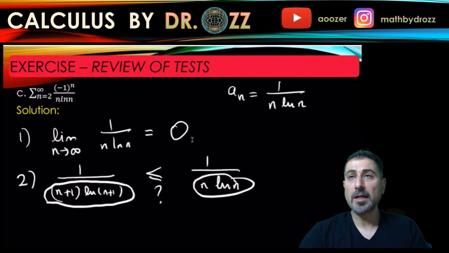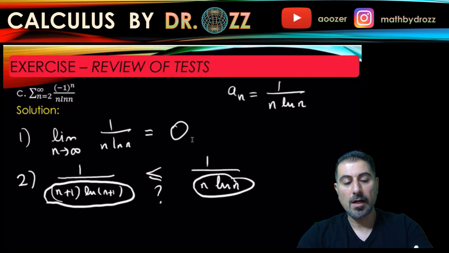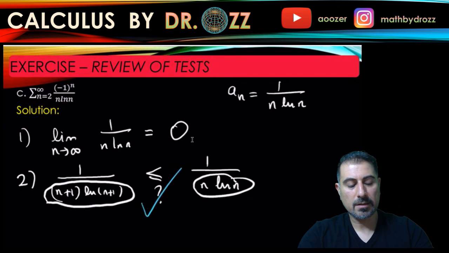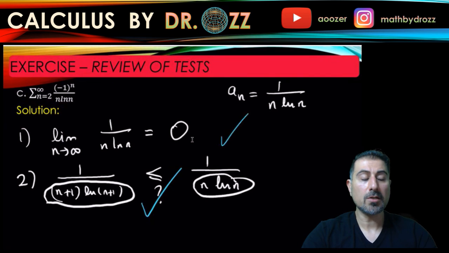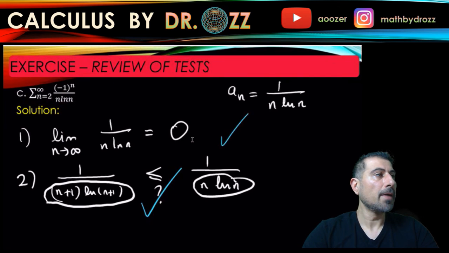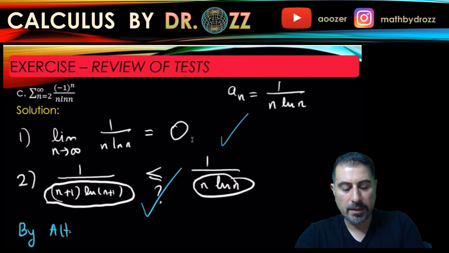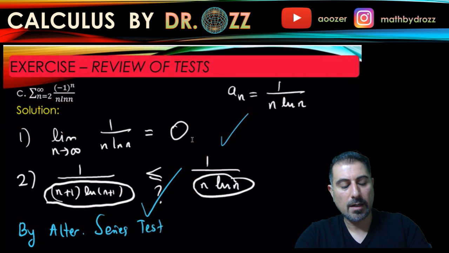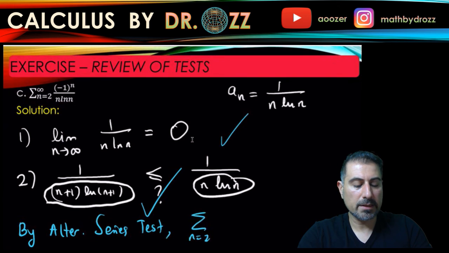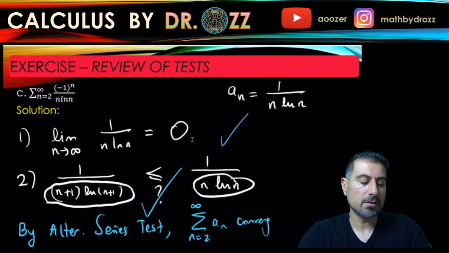So you're dividing by a bigger expression on the left, and I can just go ahead and say check mark. By the alternating series test, the series converges.